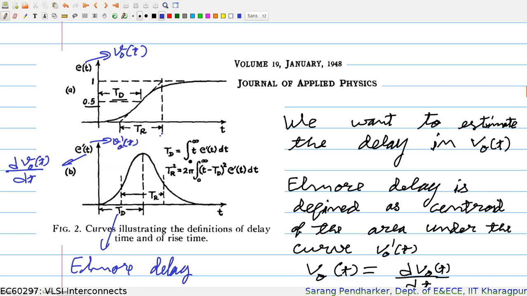Right. So he said that V out of t is your output voltage. It forms a certain monotonically increasing response. If I take its derivative, it would be something like this.